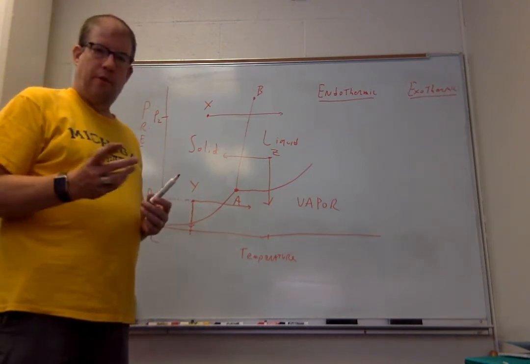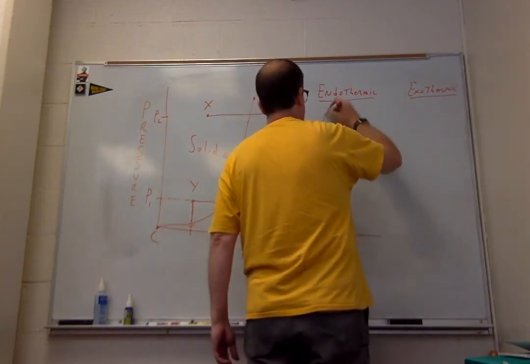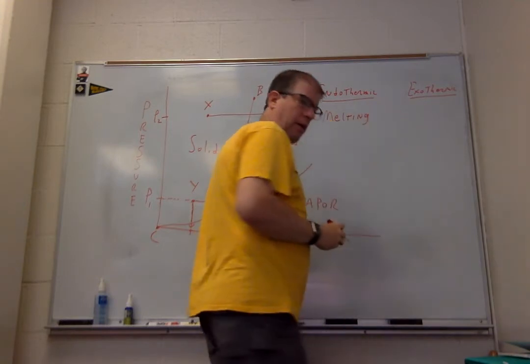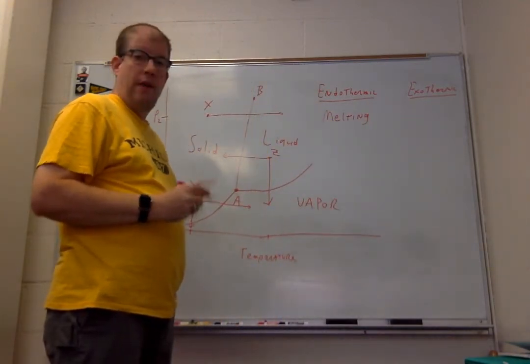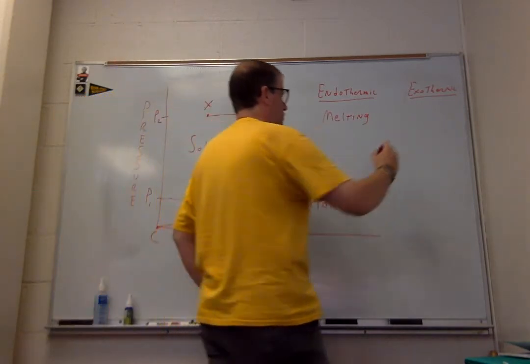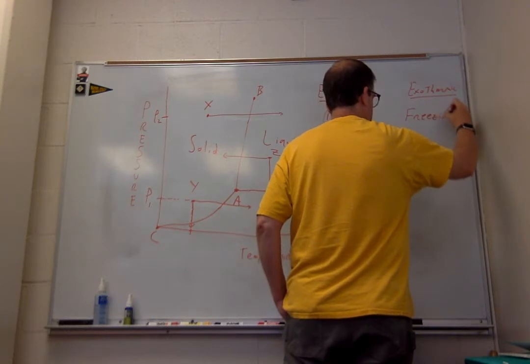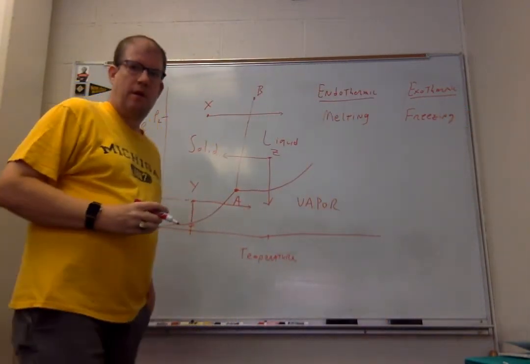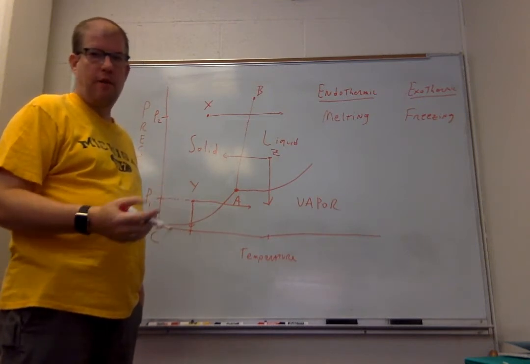And so the first one, that's endothermic, is melting or fusion. Its reverse is exothermic. So in order to melt something, you have to put heat in, or energy in some form.